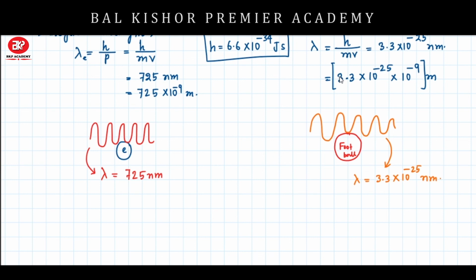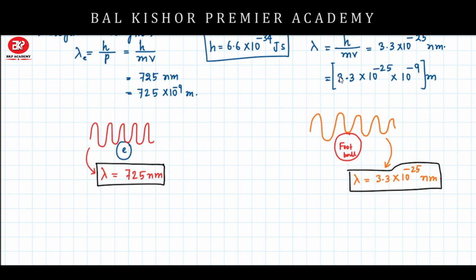You can see the two values. If we compare them, the wavelength associated with the football is very much smaller than the wavelength associated with the electron. That's why we cannot detect the wave nature. Such a very small wavelength cannot be detected by any instrument; we do not have an instrument which can detect it.